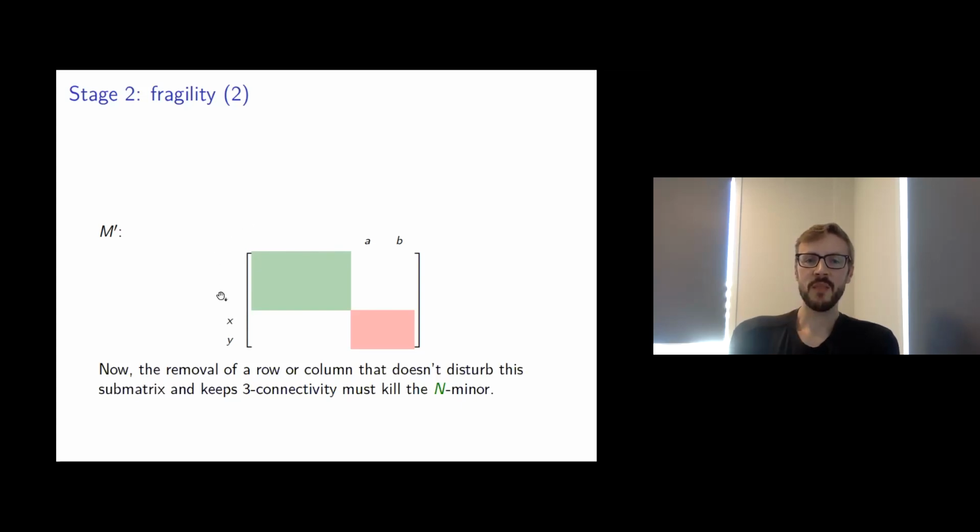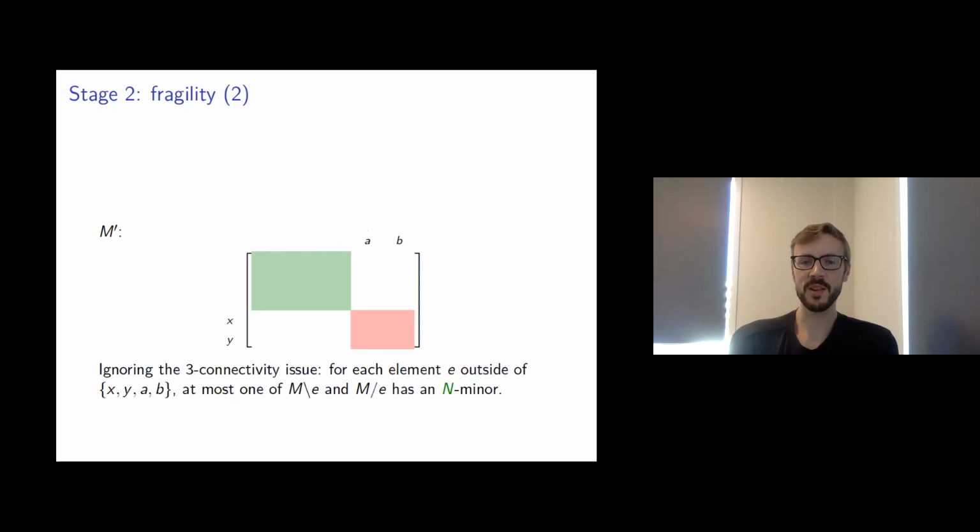And for elements that are in the basis, we can't contract them and keep the minor. Up to a few subtleties like the fact we've got X, Y, and AB in here that would disturb this subdeterminant, and the fact that it's up to 3 connectivity. But this is getting us towards something that we call being fragile.